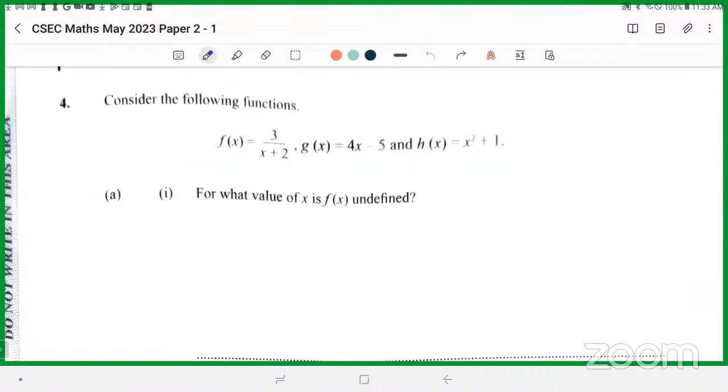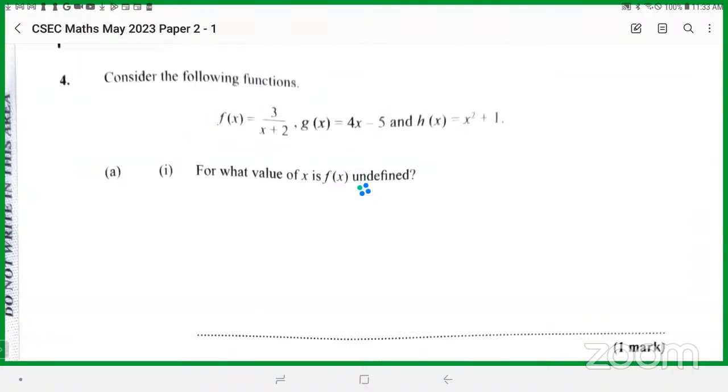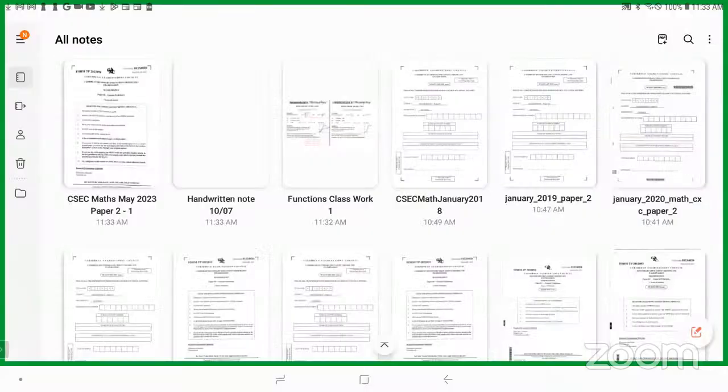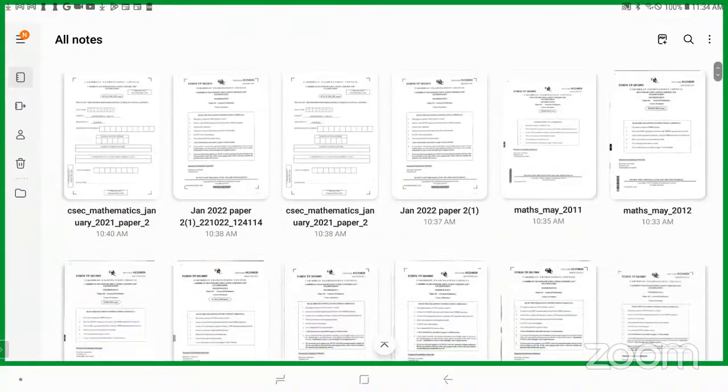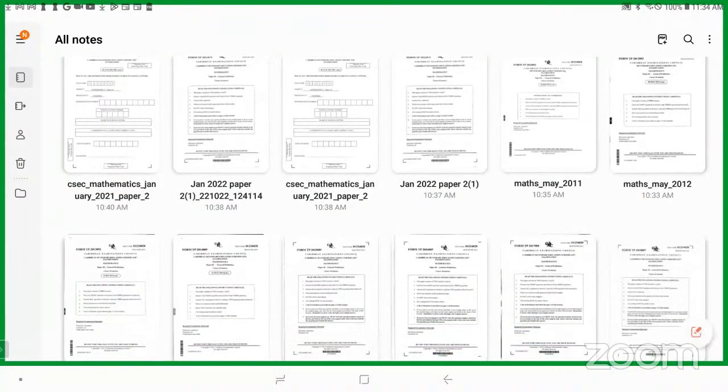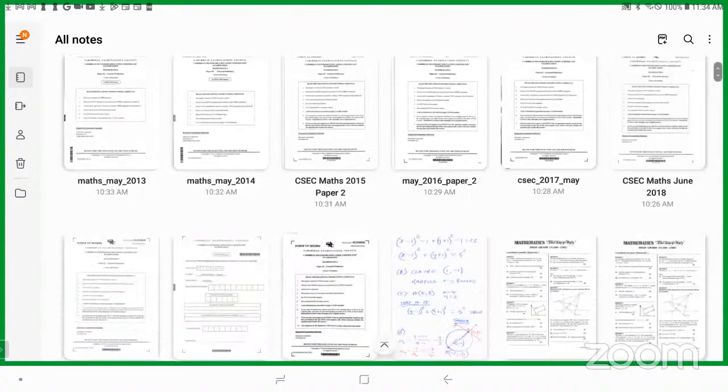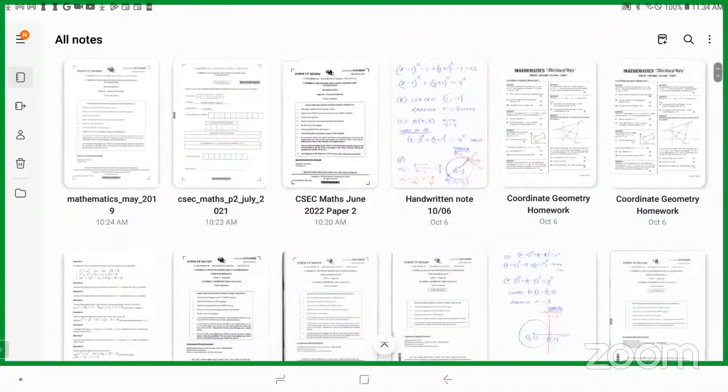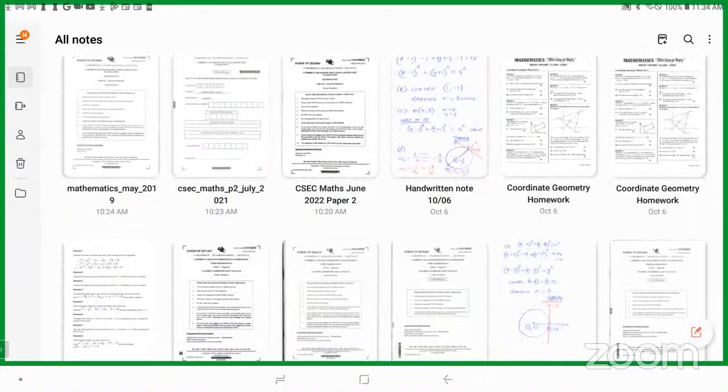Let's do another one. Let's do June 2022 instead. I'll do this one next week. All right, so June 2022. That's this right here.